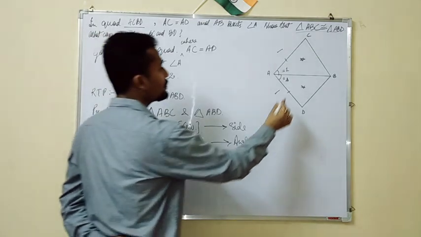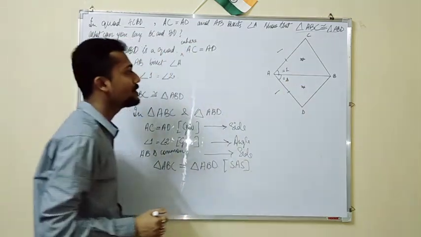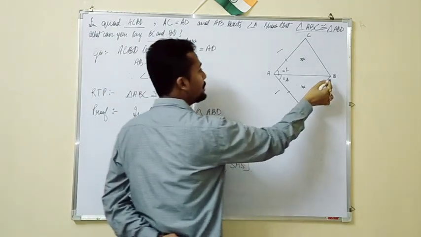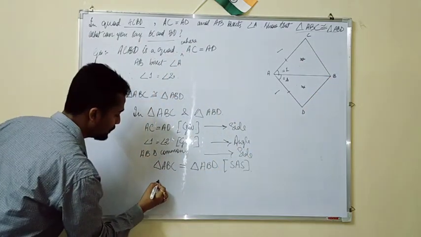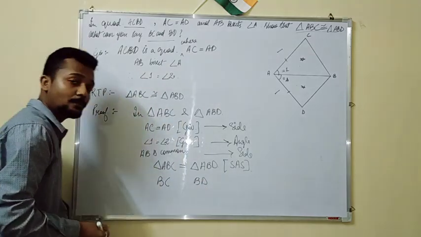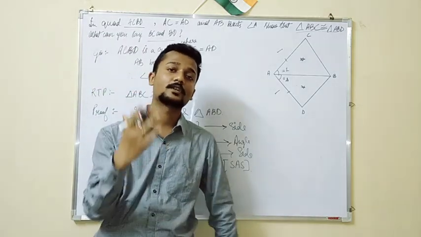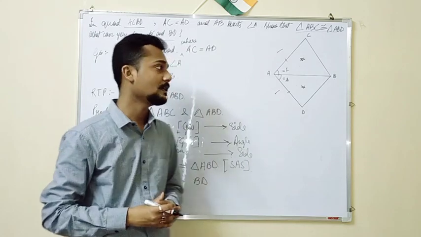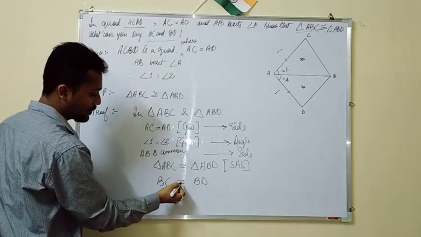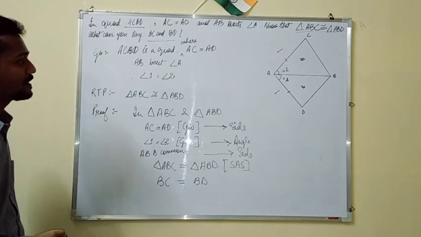Okay, so if these two particular triangles are congruent to each other, then what can we say about BC and BD? If two triangles are congruent, then their corresponding sides are also equal. That means BC is equal to BD.